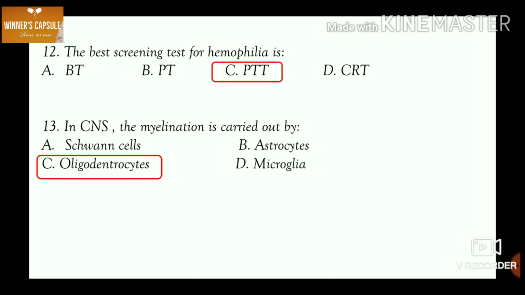Astrocytes form the blood-brain barrier. Microglia are macrophages of the central nervous system. So myelination in CNS is carried out by oligodendrocytes.